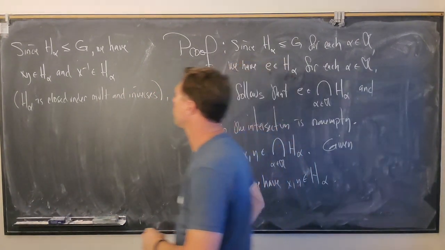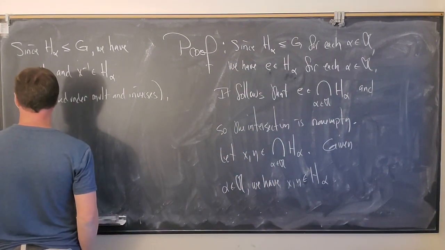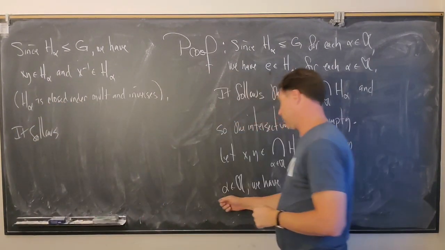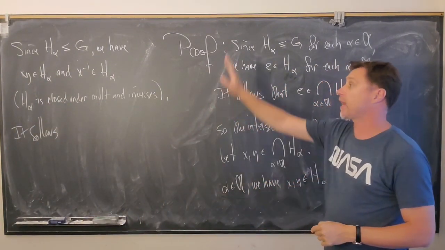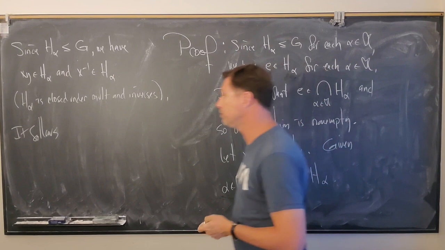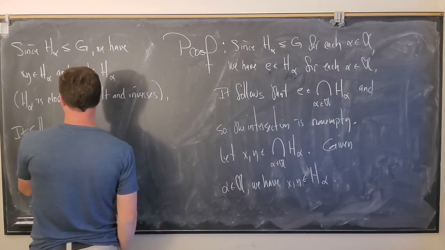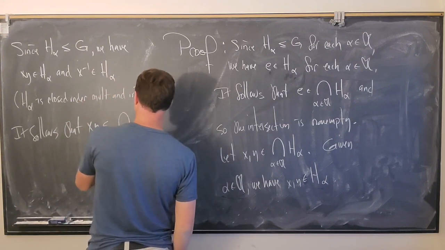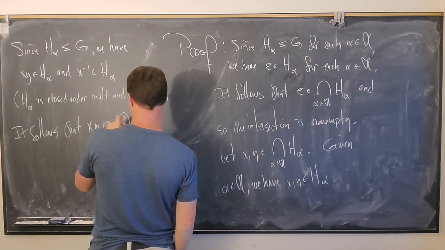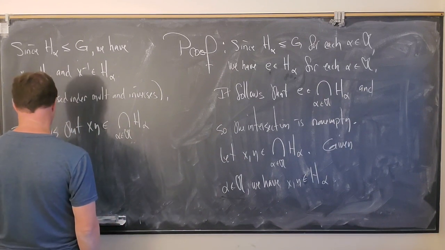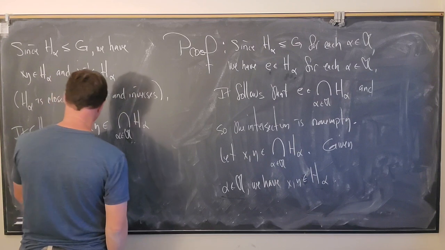It follows, so what did I do? I chose an arbitrary alpha in script A, and I showed that xy and x inverse have to be in that H sub alpha. So it follows that xy is an element of the intersection, and x inverse is an element of the intersection also.